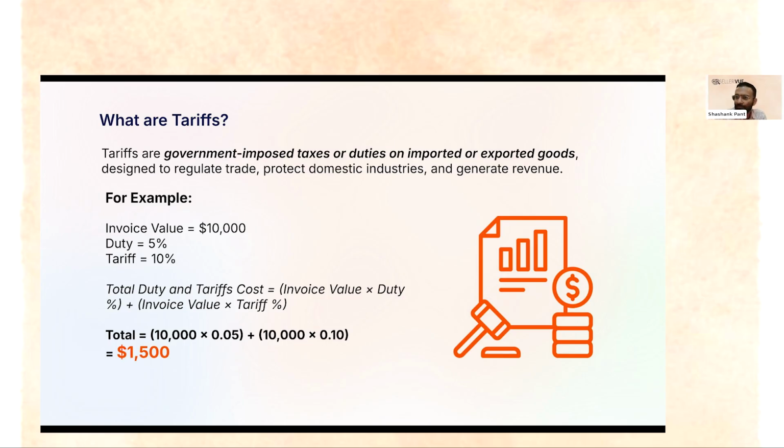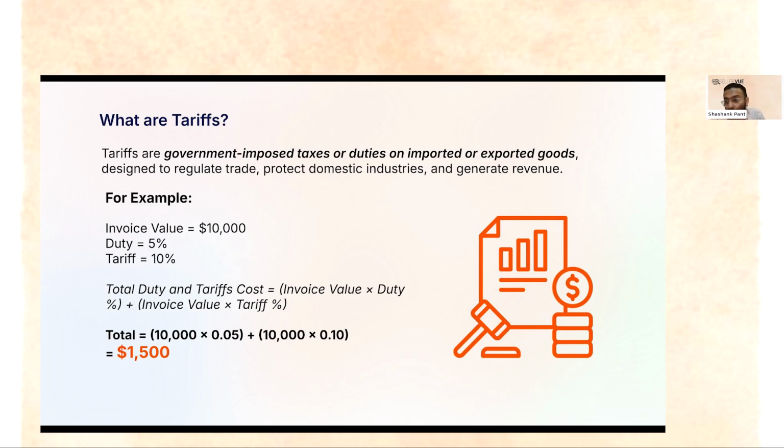I just wanted to use this slide to baseline our understanding of what a tariff actually means. For example, if there's a shipment of say $10,000 being imported into the country, based on the HTS code, the duty that's applicable is 5%, applied to that product imported from anywhere in the world. However, in the new world we live in, there are tariffs specific to origin countries.